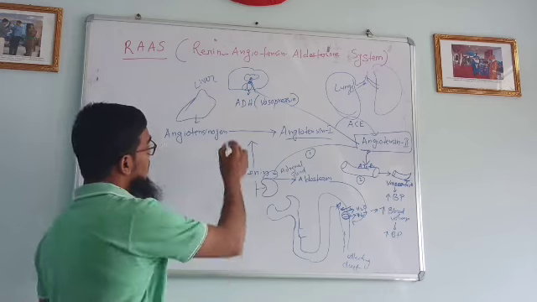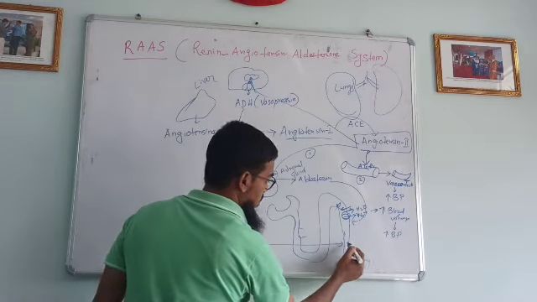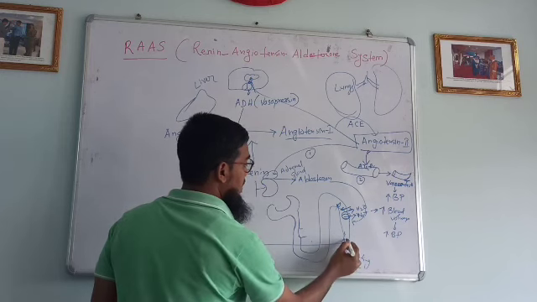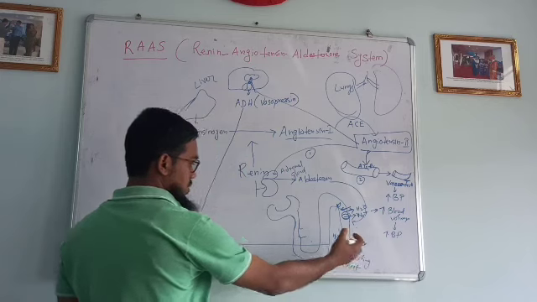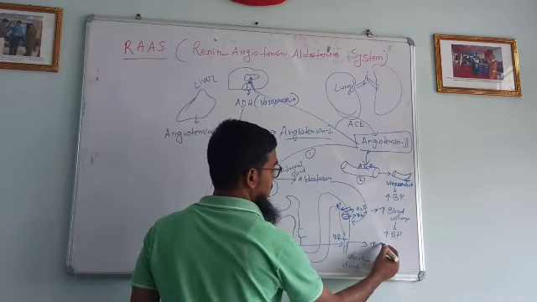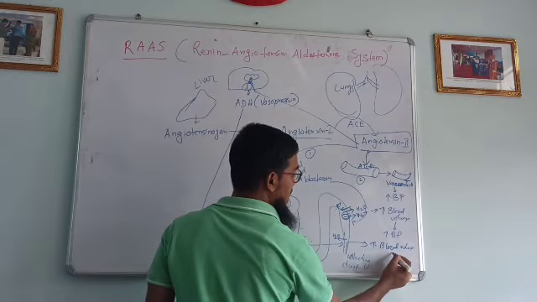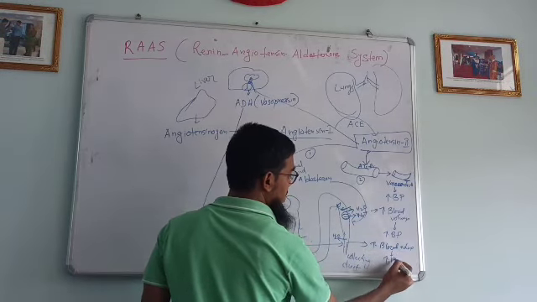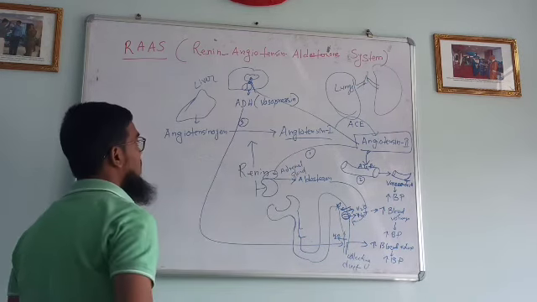That vasopressin works on the collecting duct and increases the reabsorption of water. So water reabsorption takes place, and finally blood volume increases and then blood pressure increases. So this is the third mechanism.